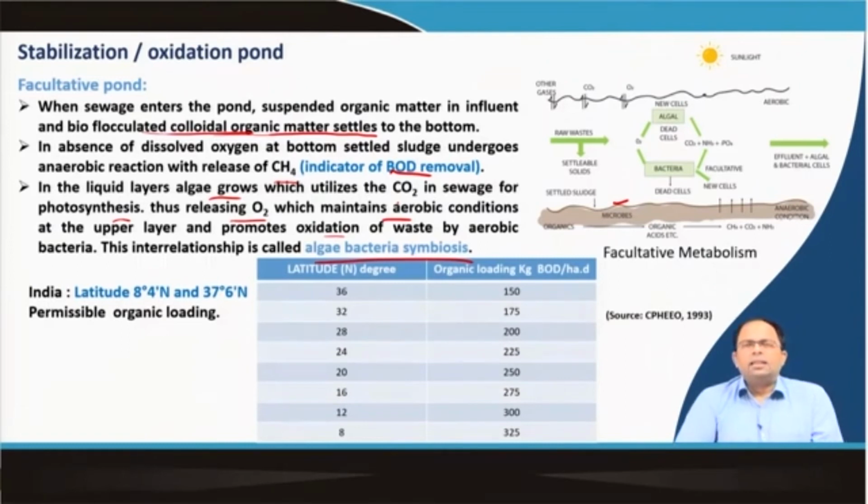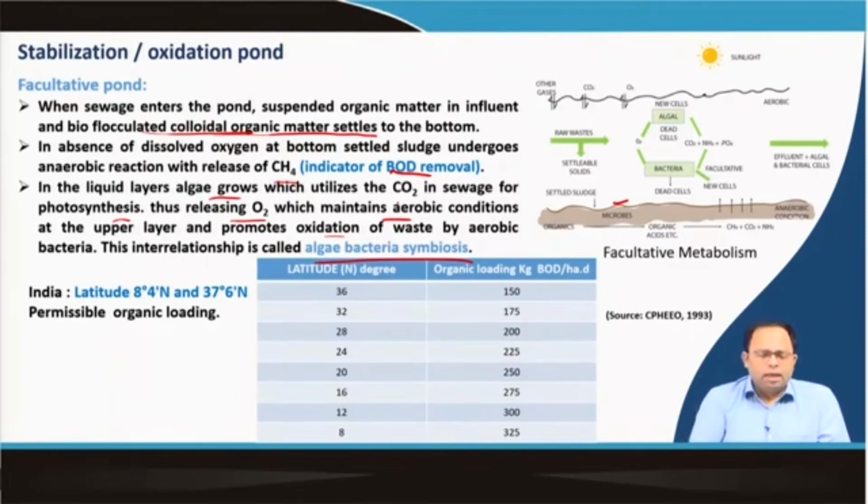The other thing that is important is, as we have learnt earlier, even when we are talking about this self-purification process, that temperature and sunlight play a big role in this kind of treatment process.